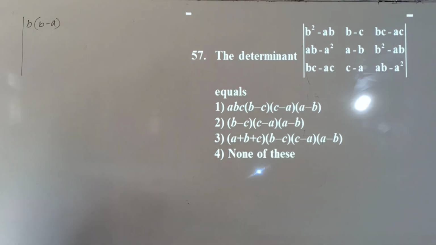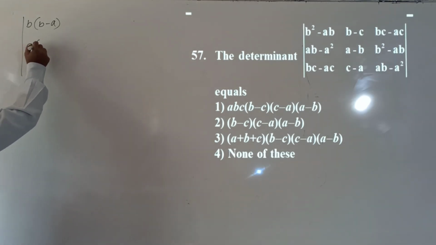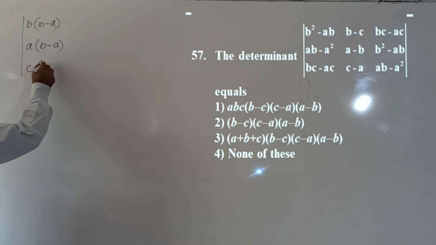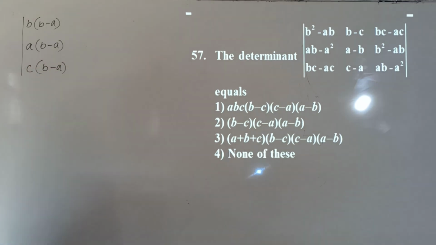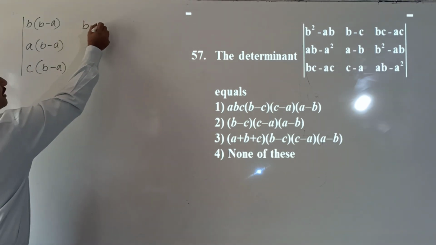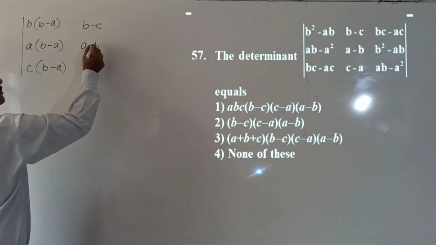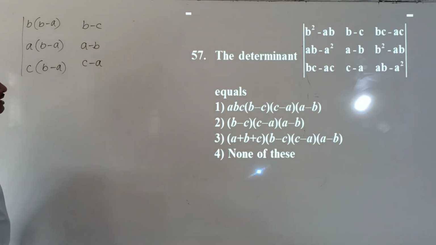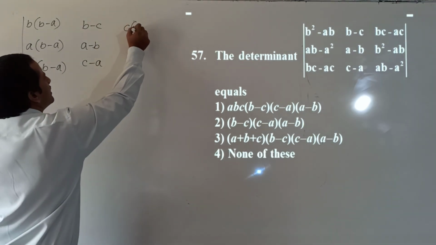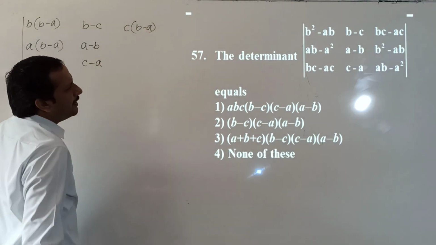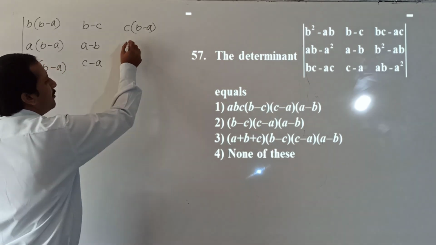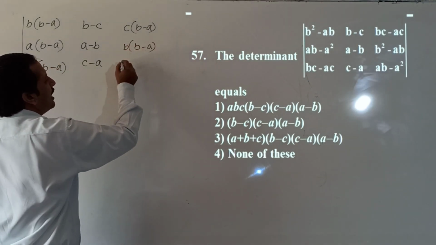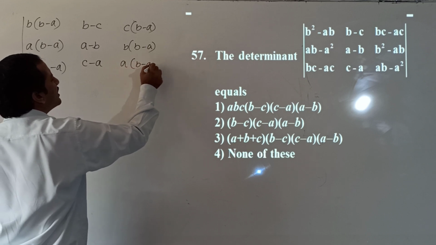Then the second term, ab minus a square, I will write as a into b minus a. After that, c into b minus a. Then in the second column, we have b minus c, a minus b, c minus a. Then in the third column, I will take c as common, c into b minus a, then b into b minus a, and a into b minus a.